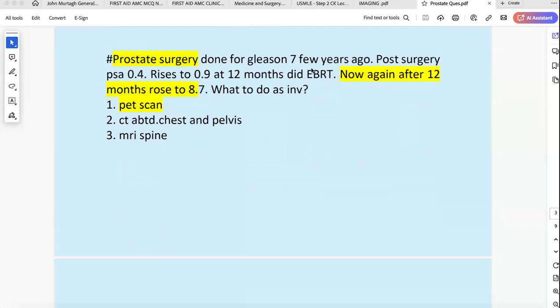Because it got high, the patient had to go for radiation. Now again, after 12 months, it is 8.7. The question is, the patient doesn't have a prostate. How come there is a PSA of 8.7? Which means there must be a metastasis. And the only way we can find out the metastasis is by doing a full body PET scan. So in such a case, you need to send the patient for PET.